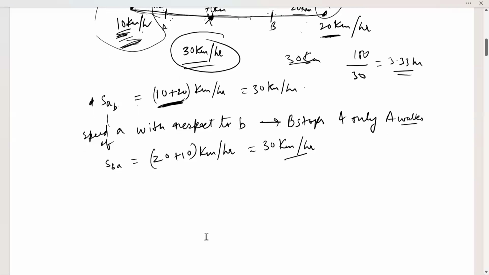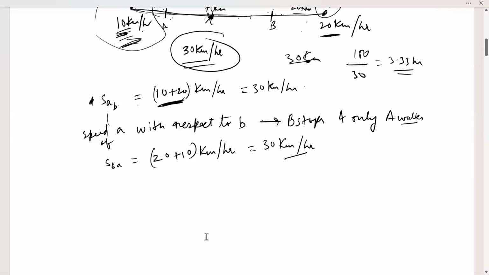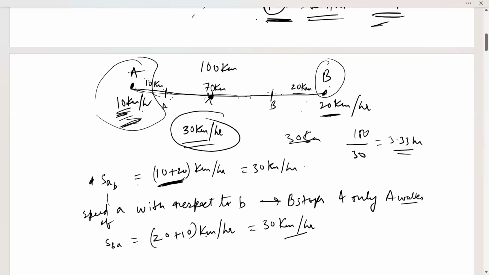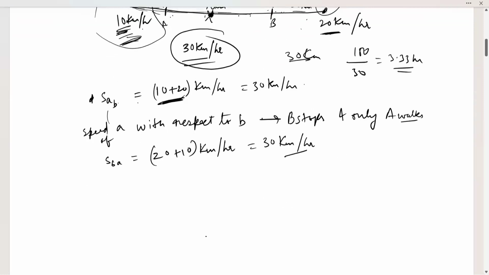Now, the most commonly asked question here is, when they are traveling in opposite directions towards each other, they would ask at what time do they meet?